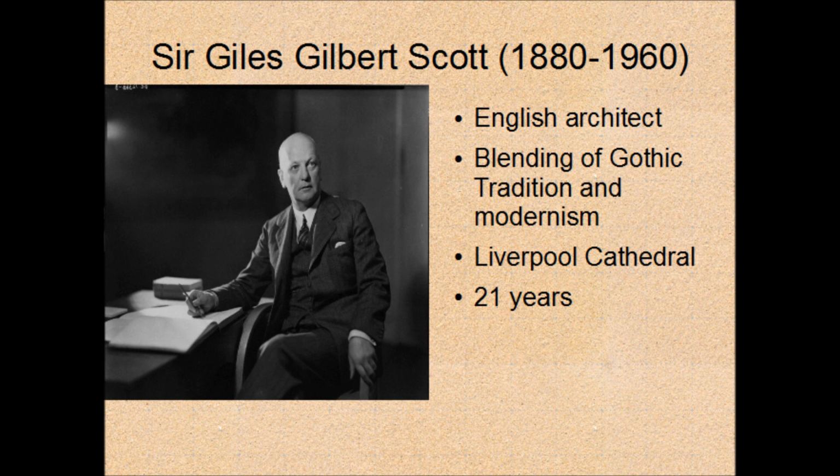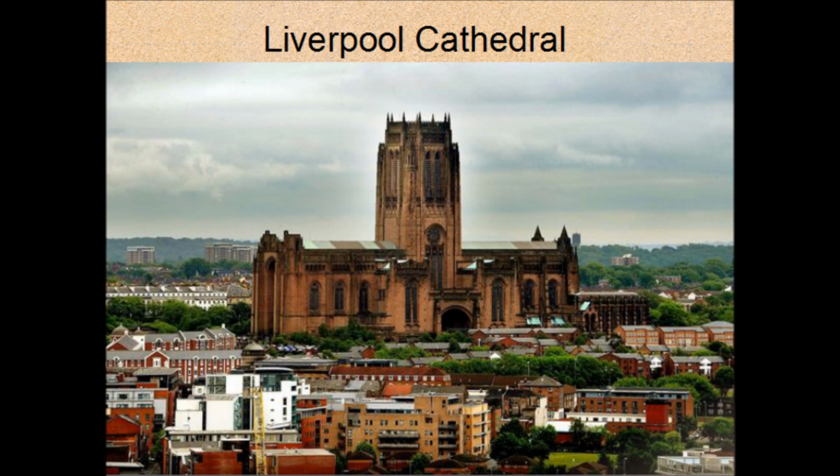He decided to participate in the competition, designed for a 20th century cathedral, in 1902. But he was surprised to be one of the 5 architects selected for the second round of the competition, and even more surprised to win in 1903 at the age of 21 years.